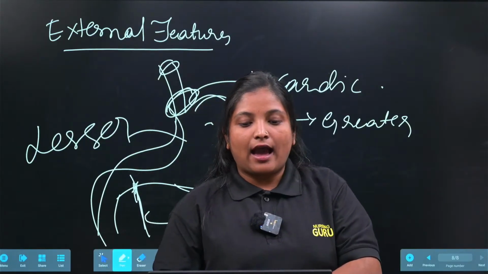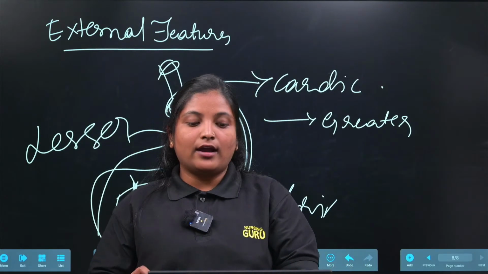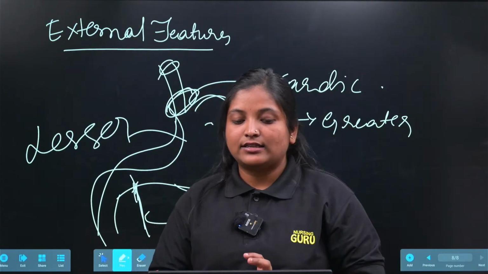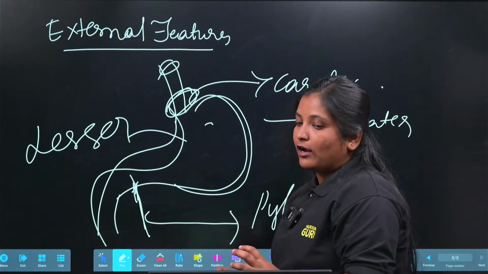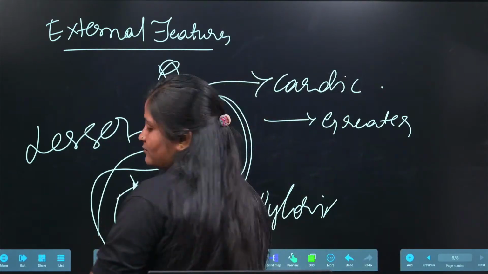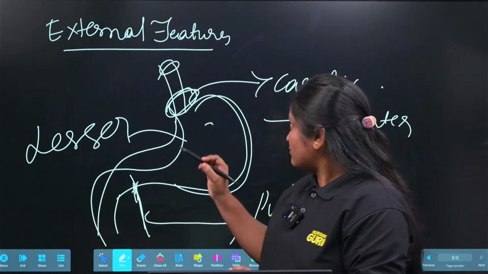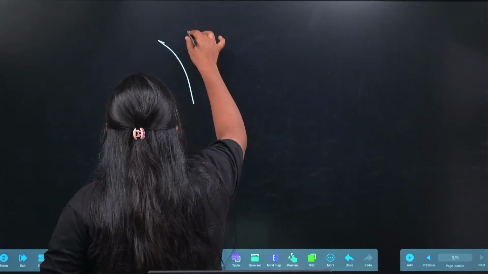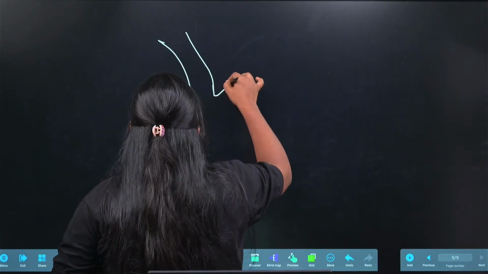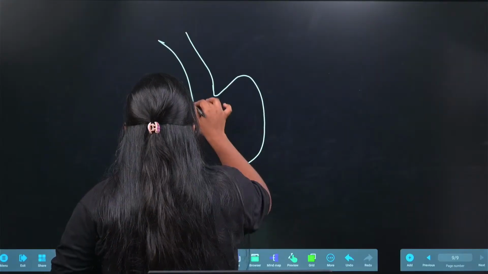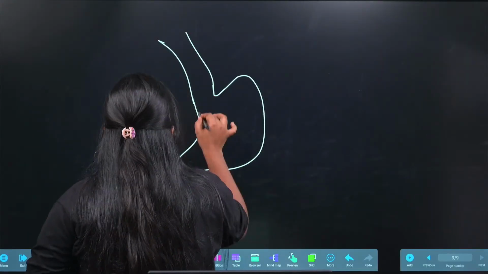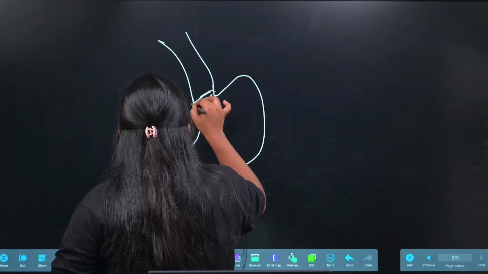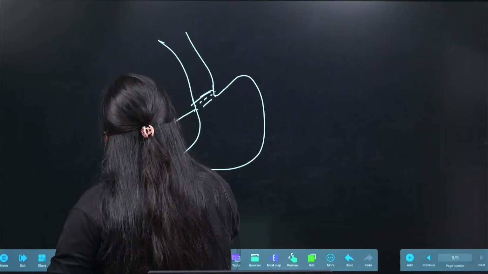Next, we have the parts of the stomach. There are four parts of the stomach. The first one is the cardiac part, or we call it the cardia. One more diagram I will draw. This part is called the cardia.